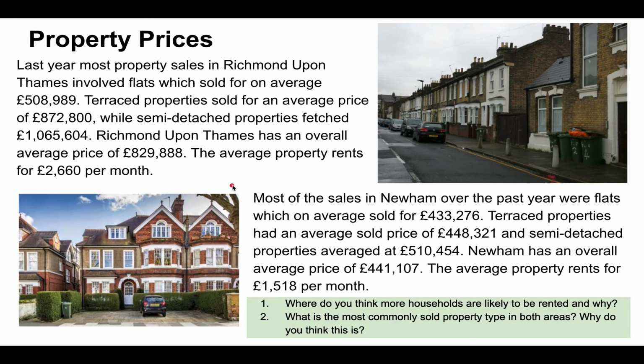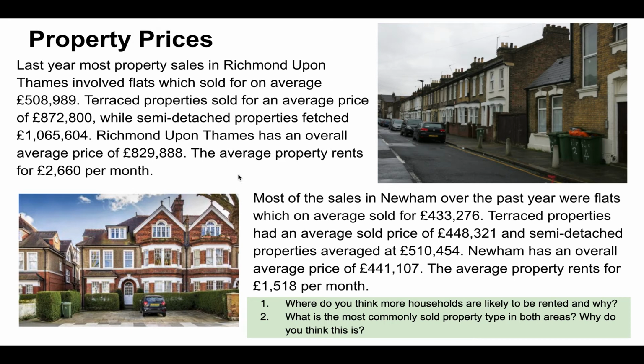So, property prices in Richmond upon Thames involved flats for the majority of sales, and they sell for on average £508,000. So we're talking about more than £500,000 in the average flat price in Richmond upon Thames.